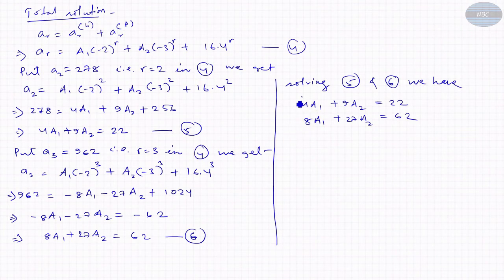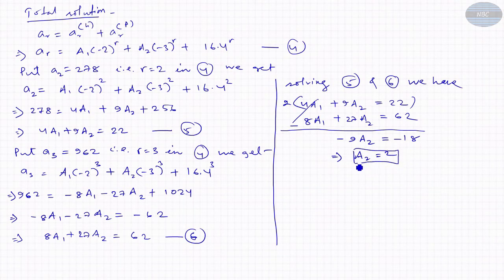Okay, so let us multiply the equation 5 with 2 and subtract this one, so we cancel out. This one is 18a2 minus 27a2 is equal to minus 9a2 is equal to, this one is 44 minus 62 is equal to minus 18. This implies a2 is equal to 2. This is the value of a2 we got.